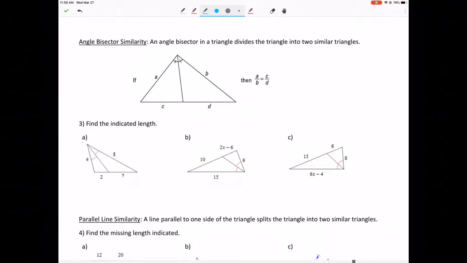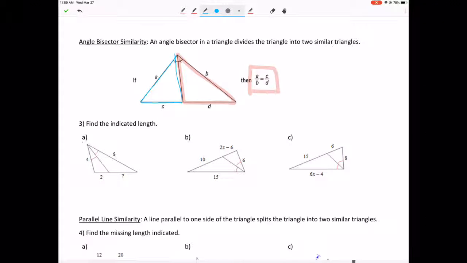So we're saying that this triangle is similar to this triangle. They're not equal, they're just similar. And if that's the case, then we have this situation.